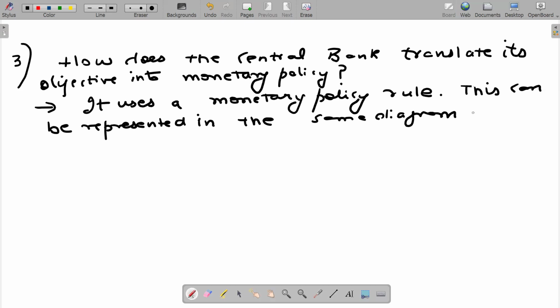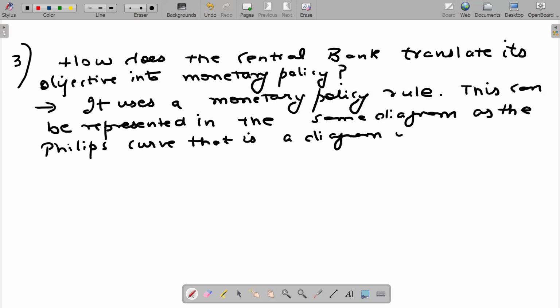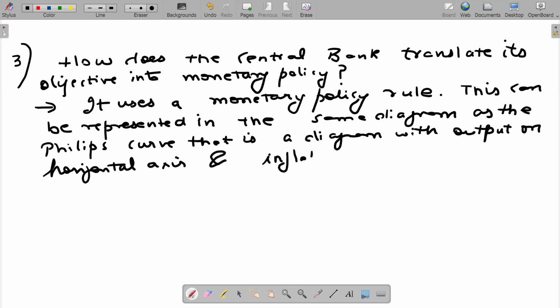It is a diagram with output on the horizontal axis and inflation on the vertical axis.